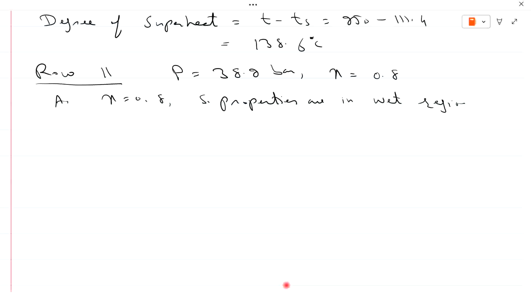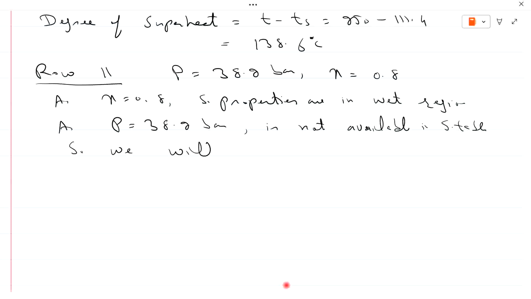So we will do interpolation, as pressure equal to 38.2 bar is not available in the saturated steam table.